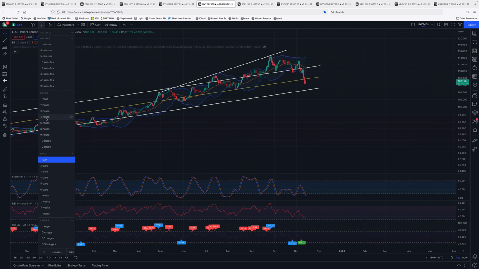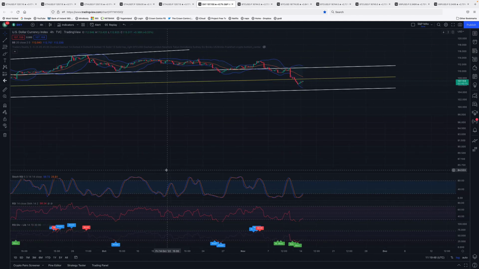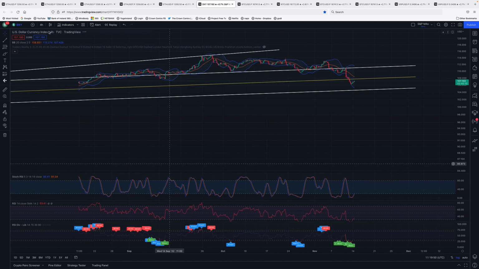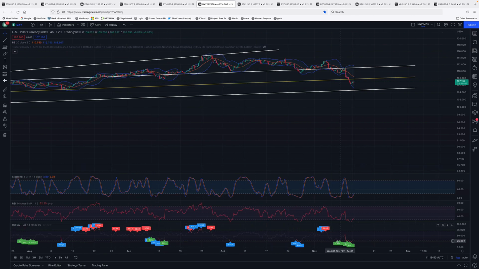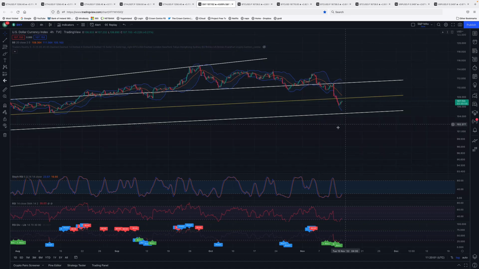That's the daily, and I'm gonna show you the 4 hourly for the DXY. Okay, so the 4 hour stochastic has bullish divergences going up, but again on the 4 hour, now I'm more confident about the 4 hour continuing upwards momentum when the 4 hour goes above the midline of the Bollinger.